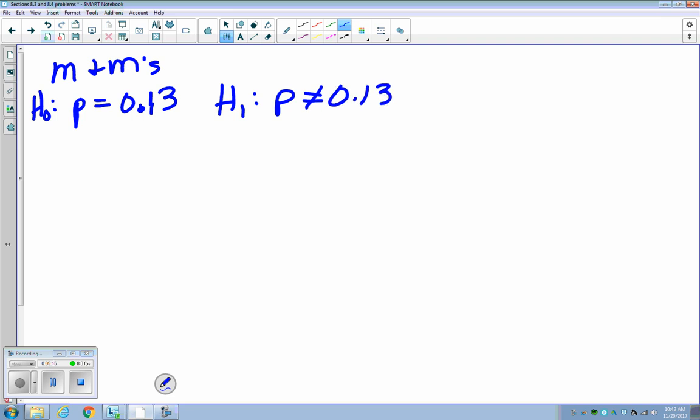Okay. From that, I have to determine now, is this a one-tailed or a two-tailed test? It is a two-tailed test. Why? Because it's not equal, right? There's nothing there that says less than, there's nothing there that says greater than, so it's going to be a two-tailed test.